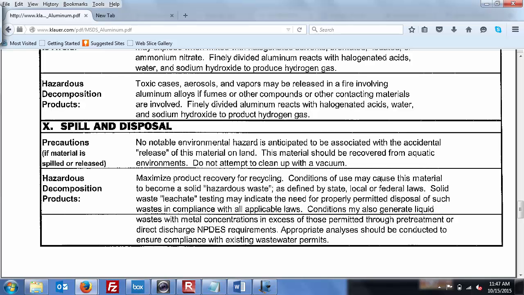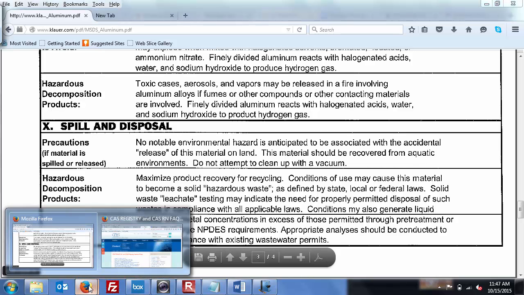Conditions may cause this material to become a solid hazardous waste, et cetera, leachate. The point is to keep it clean and keep it moving and not let it sit around and turn into these nastier materials. Okay, so let's go back into that forum.